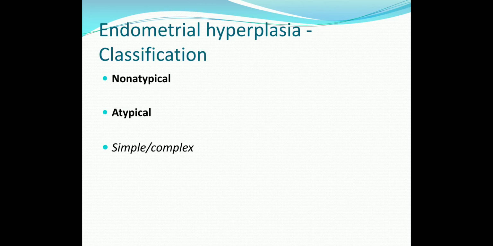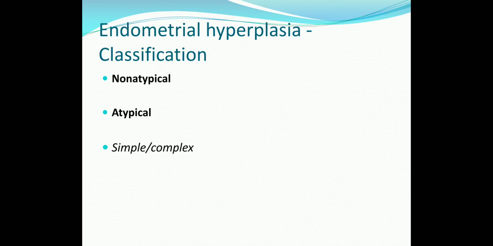Just the endometrial glands are increased without any features of malignancy. Whereas in atypical hyperplasia, you have features of dysplasia: increased nuclear stratification, prominent nucleoli, nuclear pleomorphism, mitosis, everything. So that is the latest classification of endometrial hyperplasia, non-atypical and atypical.